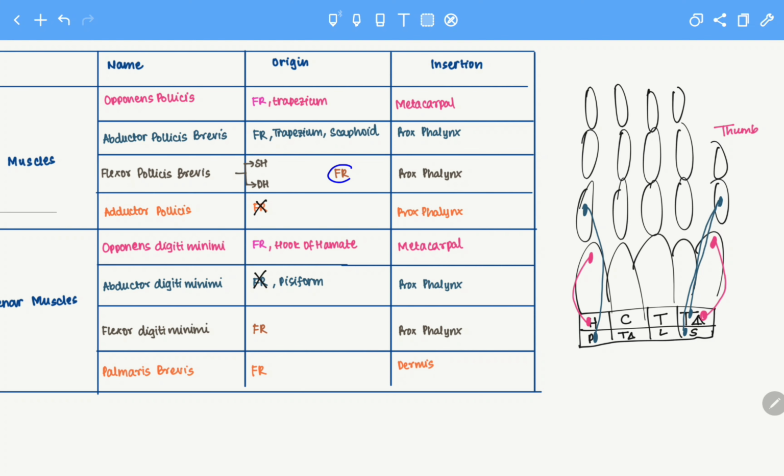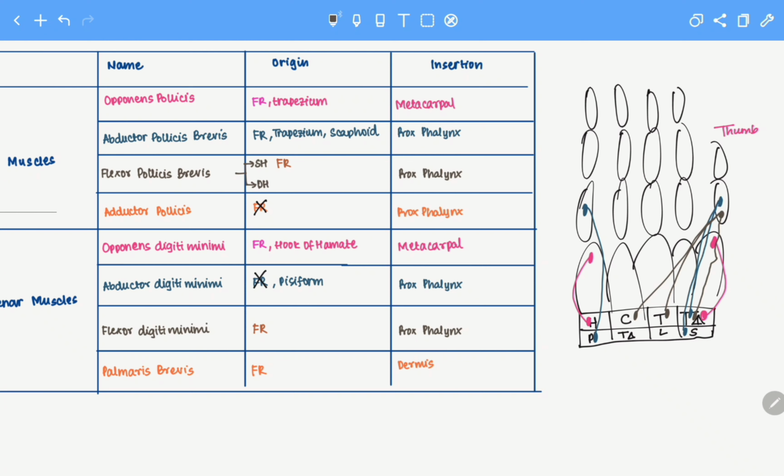The flexor pollicis brevis superficial head will originate on the flexor retinaculum and the trapezium, and insert on the proximal phalanx, while the deep head will originate on the trapezoid and capitate and insert on the proximal phalanx.